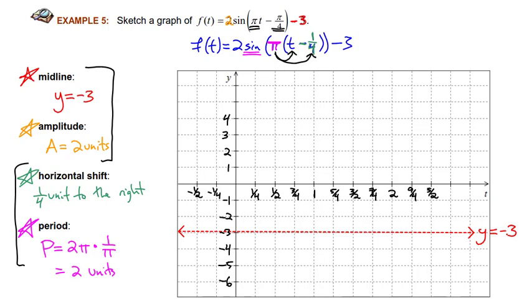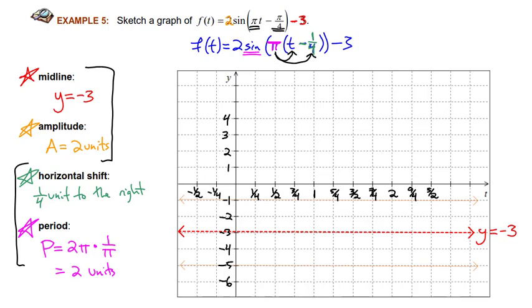Although it's not a feature of the graph exactly, we can give ourselves a hint of where the amplitude is by drawing another pair of horizontal lines 2 units above the midline and 2 units below the midline. So we'll know we're going to want to bounce our sinusoidal wave between those very faint orange dotted lines. Okay, now we're ready to take advantage of the horizontal shift.